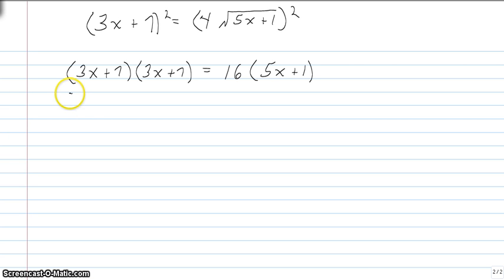I can use the FOIL method on the left side, and I'll assume everybody's okay foiling those terms out. I'll have 21x plus 21x, 42x, plus 7 times 7, which is 49. And then on the right side, multiply through by 16.